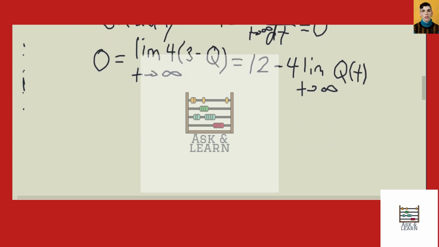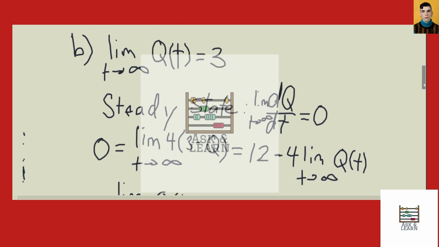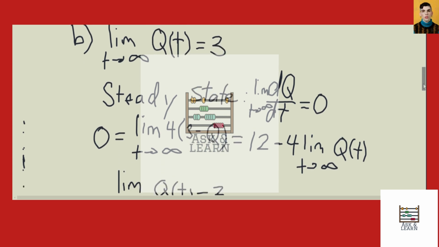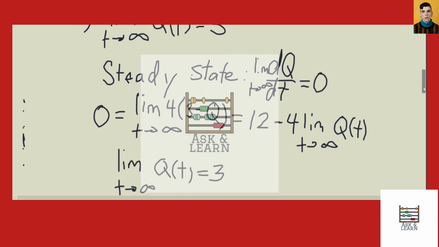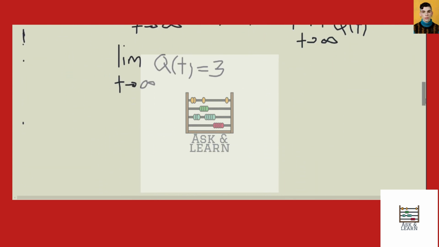And we can solve this to get that the limit as t approaches infinity of q(t) is equal to 3. And this is because, again, we assumed a steady state, which means that as t approaches infinity, the derivative will equal 0.